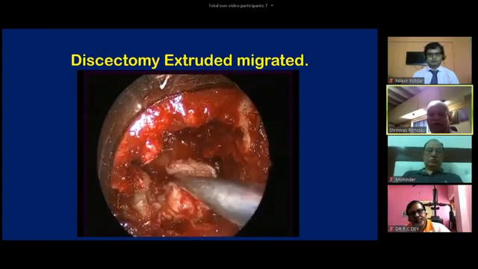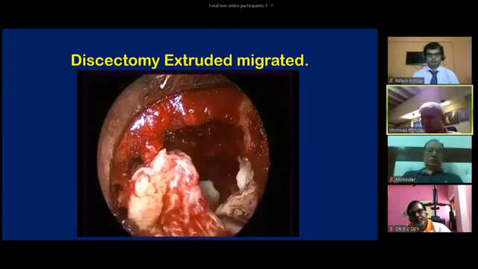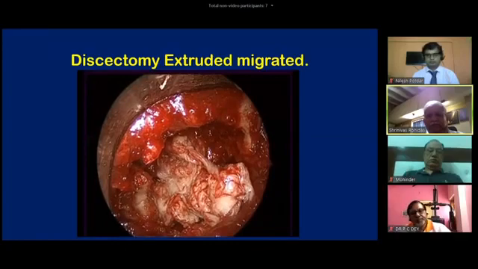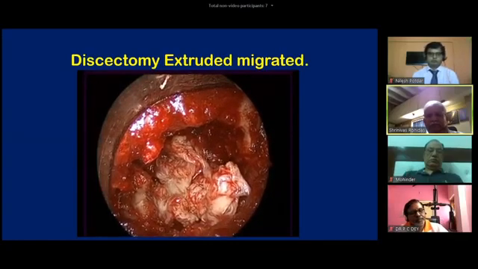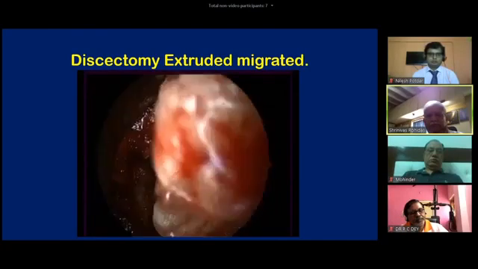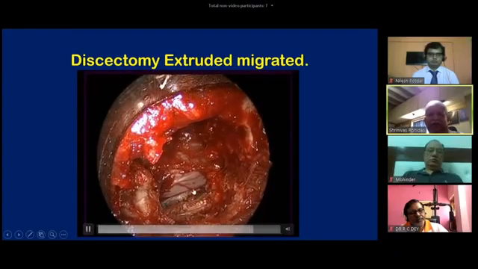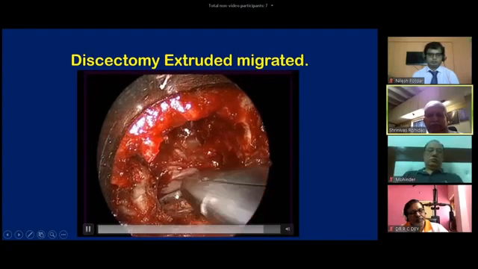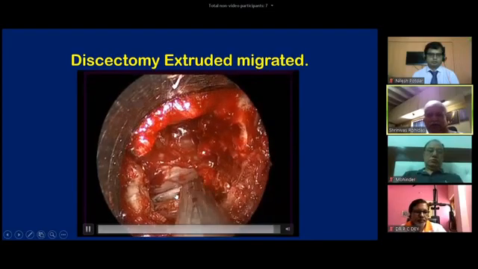This is a huge extruded disc. And this is the lateral edge of the dura with the traversing root. You can appreciate the area from where the disc has extruded.